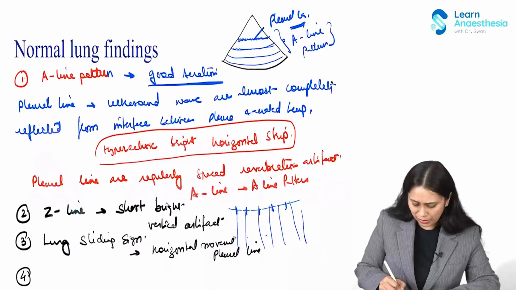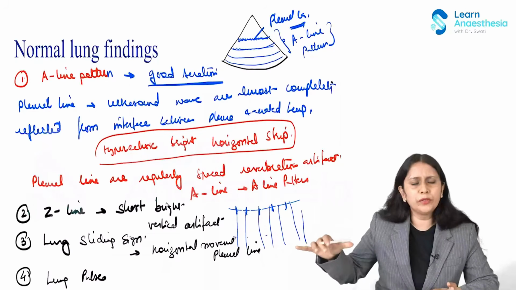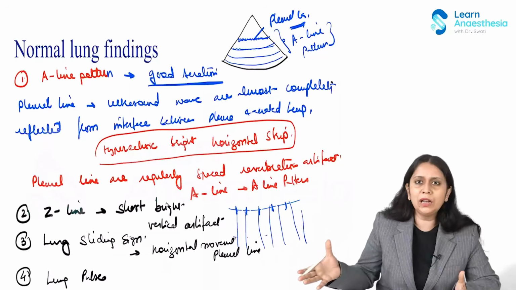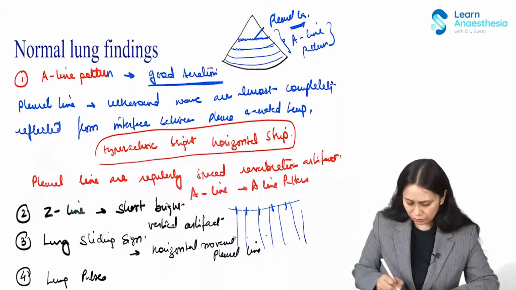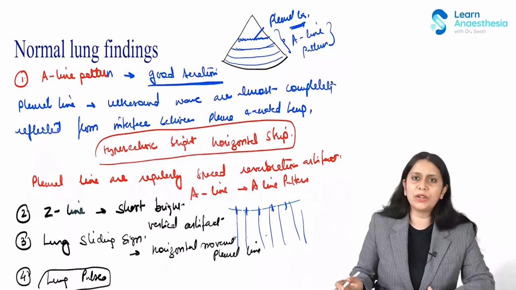Then we have lung pulse. This is also a subtle rhythmic movement of the pleura with the movement of the heart. The cardiac pulse is transmitted to the lung tissues and we get the lung pulse. So this is movement of the pleura synchronous with the movement of the heart.